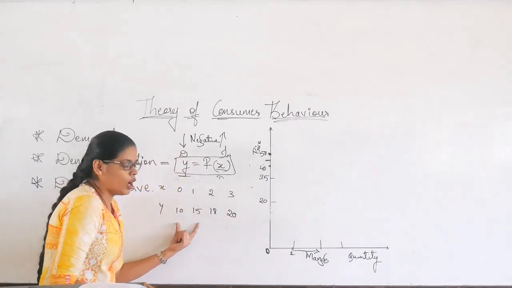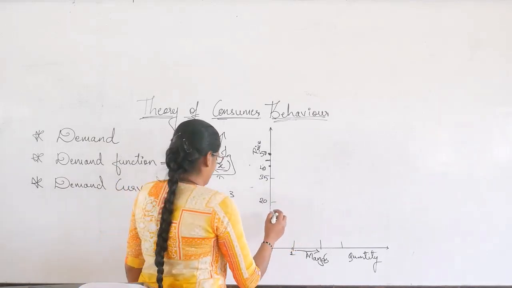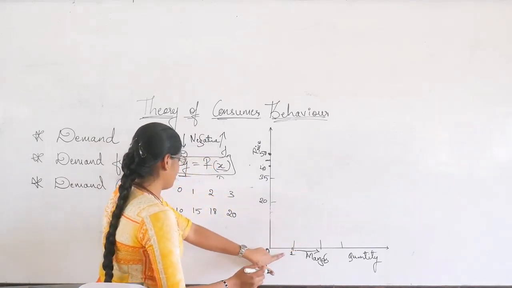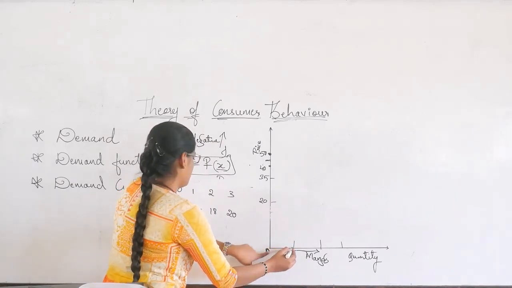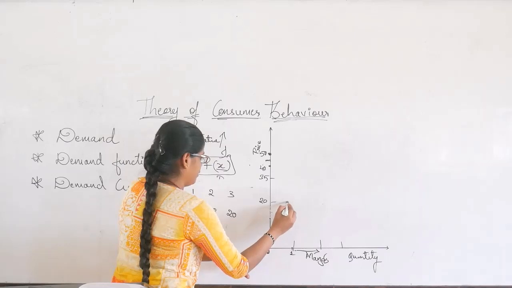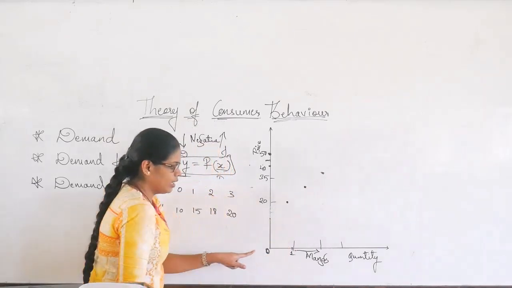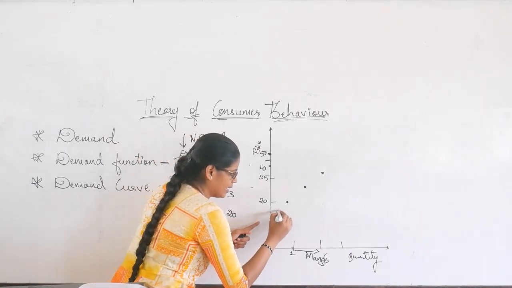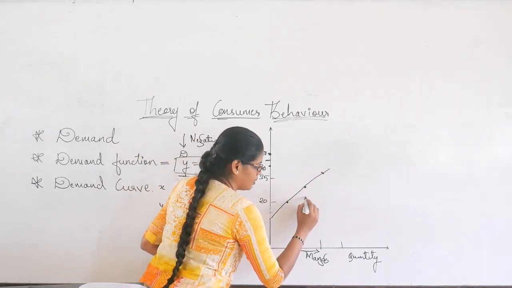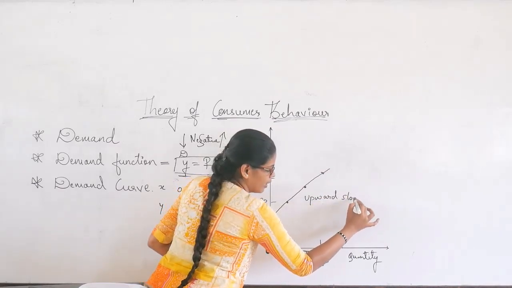So when you plot these numbers on the graph, you will get 10, then 15, 18 and 20. So here you can see there is an upward sloping.